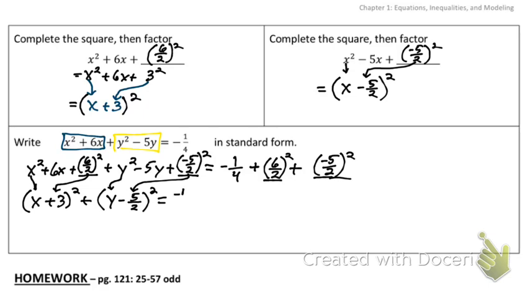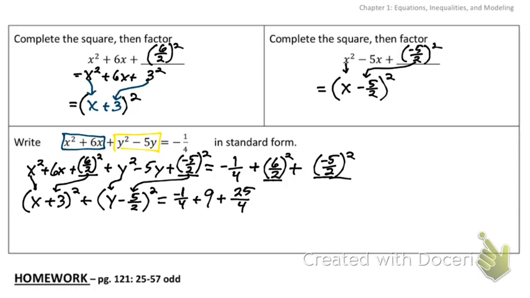So we're going to have negative 1/4 plus, well, 6 over 2 squared is really 3 squared, so that's just plus 9. Negative 5 over 2 squared becomes negative 5 times negative 5, it's going to become a positive 25 over 4. Well, everything's over 4 except for that 9, so we have to put that 9 over 4.